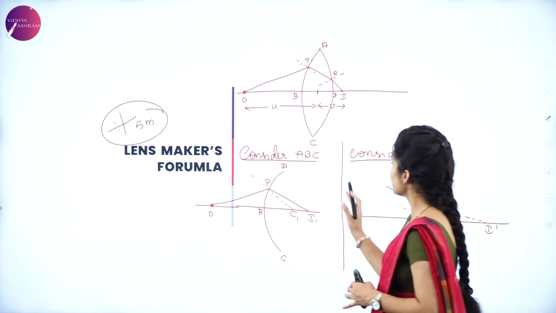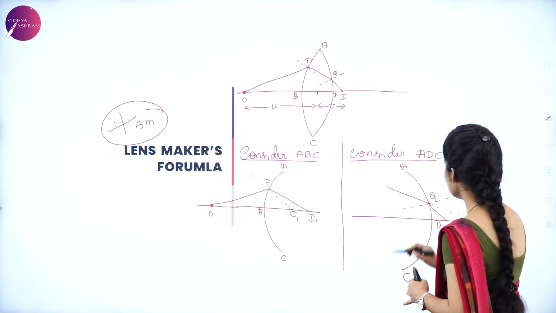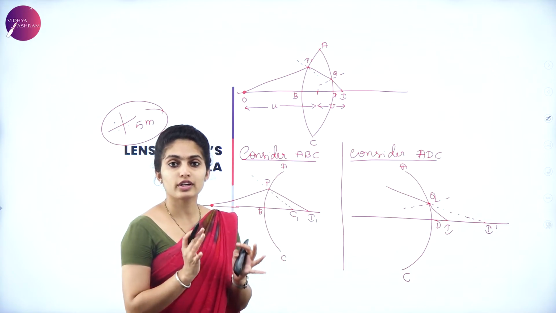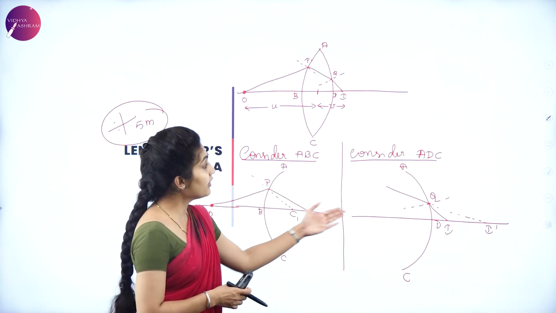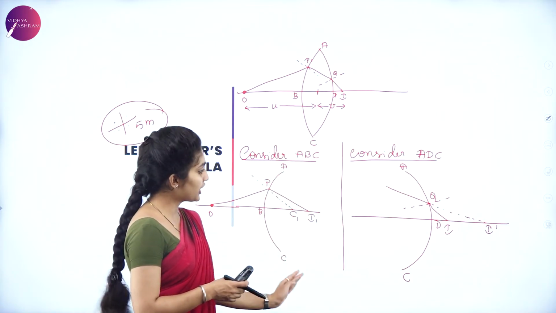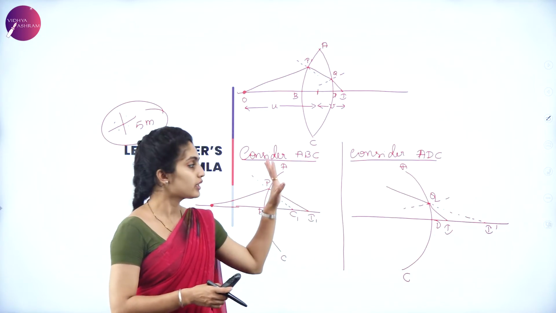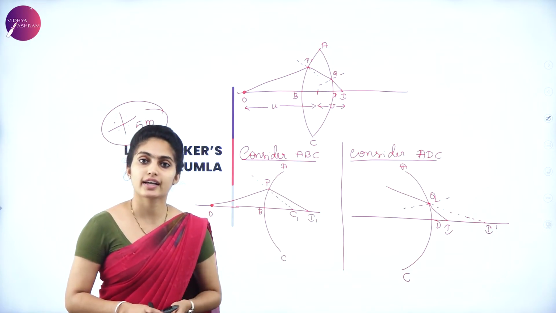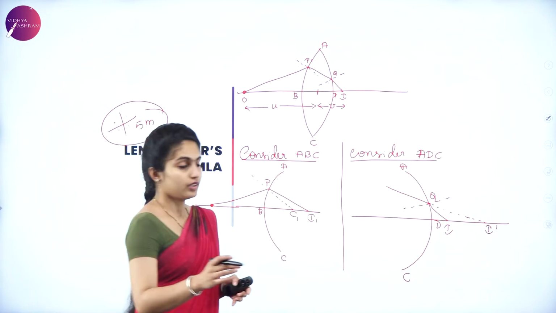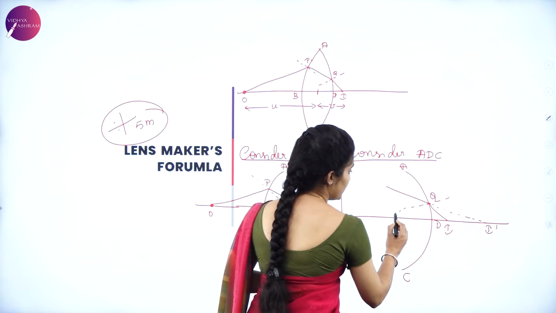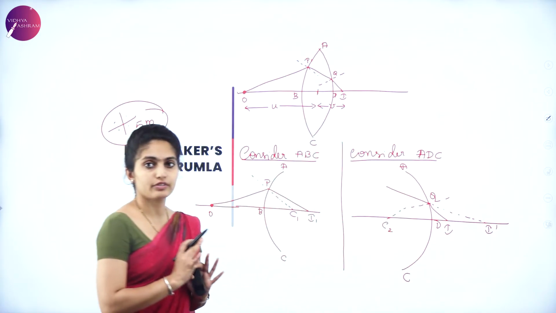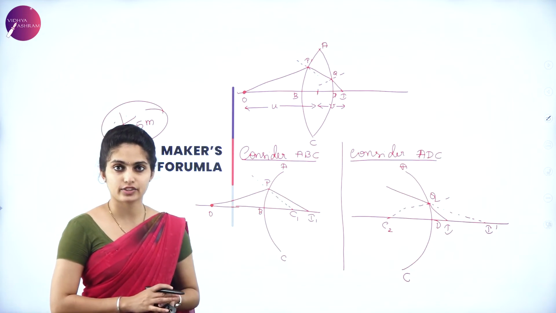This part is called Q. This is how the total refraction takes place in the biconvex lens, which is divided into two halves, ABC and ADC. At this part the normal is extended, and this part will be C2. I hope you are clear with how exactly the diagrams have to be drawn.